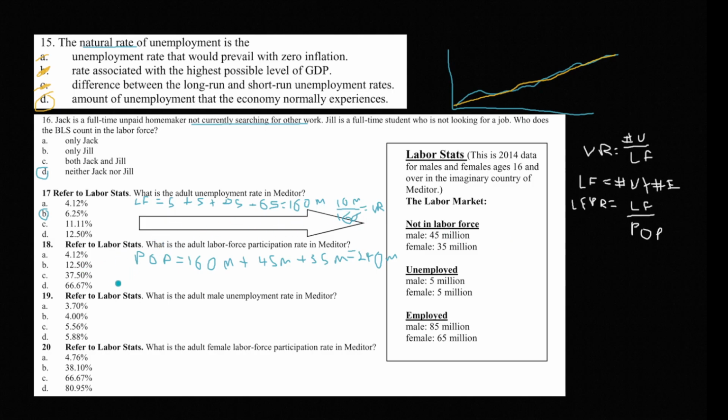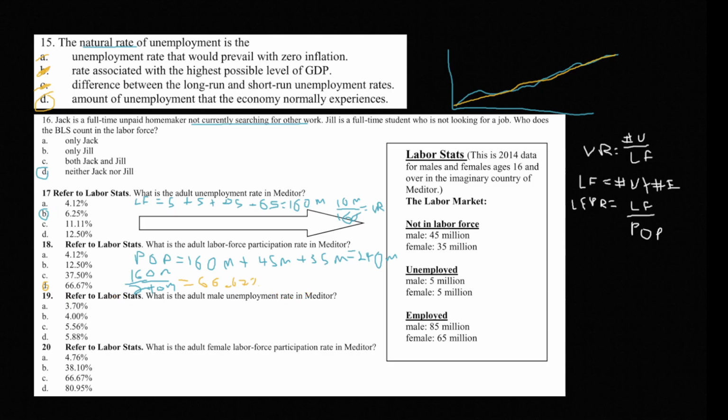The labor force was 160 million, so 160 million over 240 million, and so that is about 66.67%. So D.